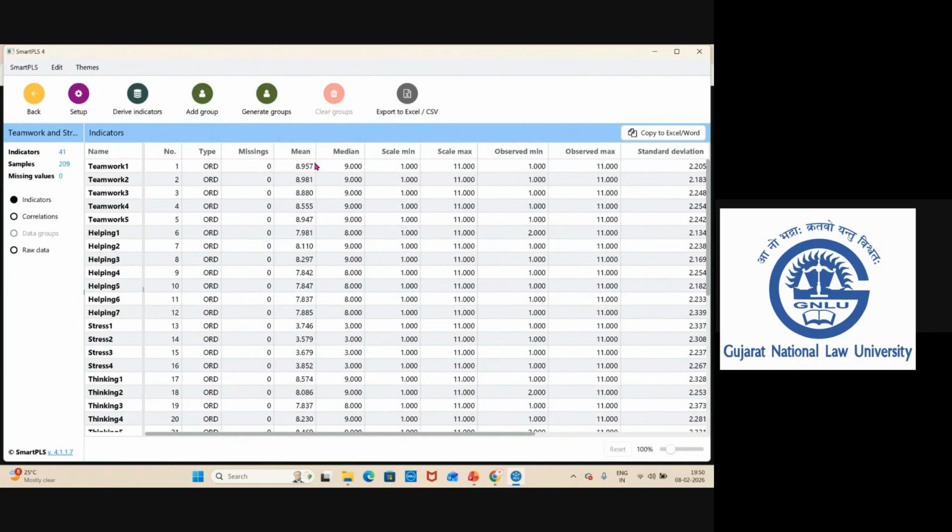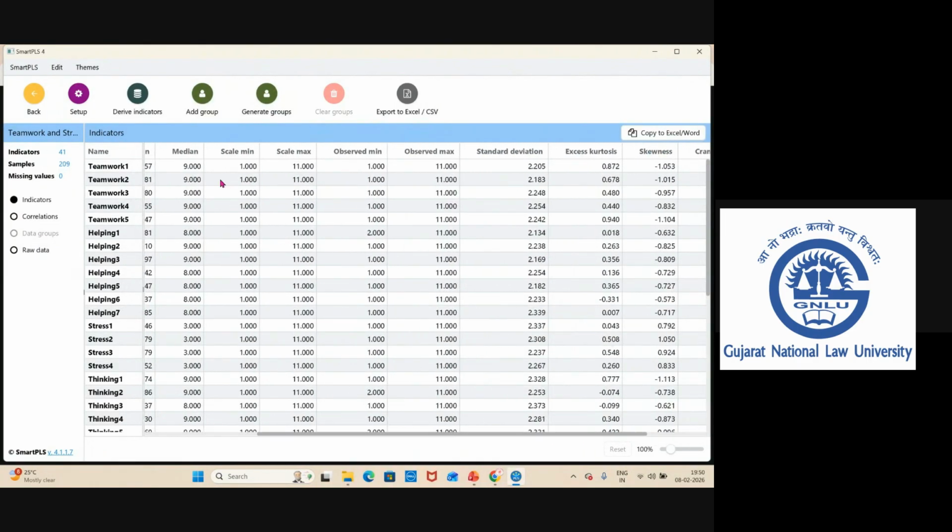Now you can see that we got the descriptive statistics, which as a researcher you have to present in your research report. You can copy it into an Excel or Word document, and take the name of the indicator, mean values, and if required the median value, kurtosis values, skewness values, and p-value, and see whether you have a normal distribution or not.